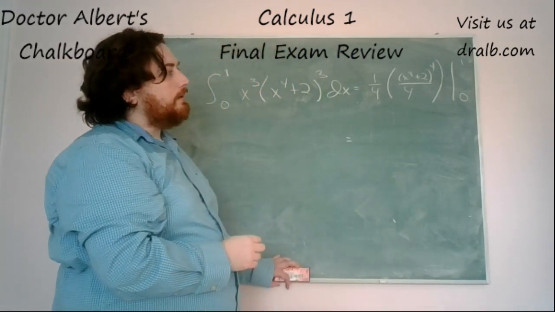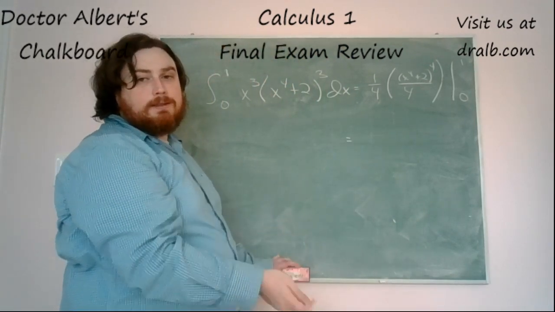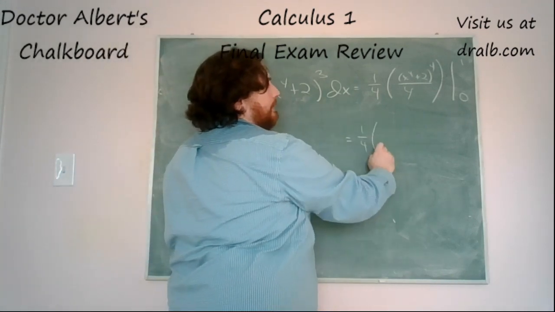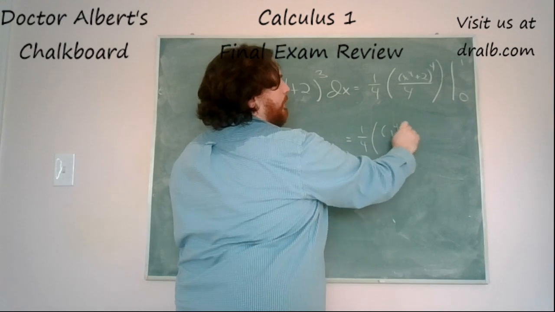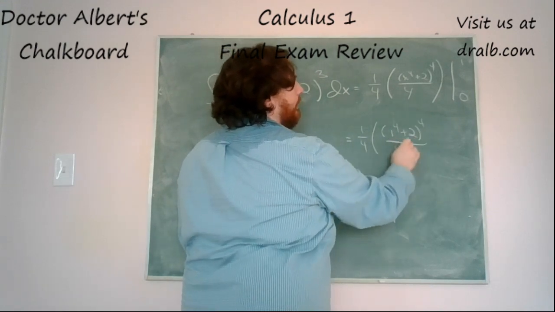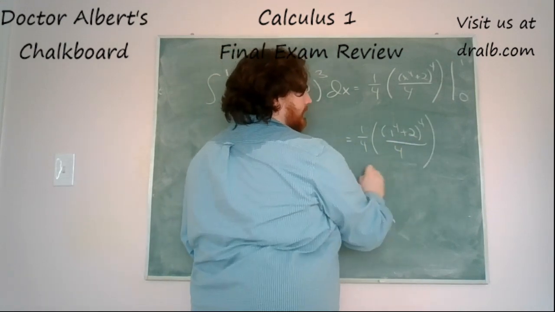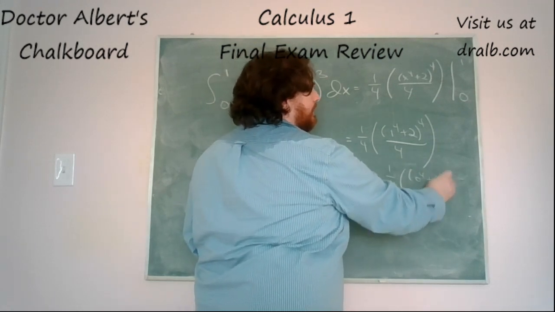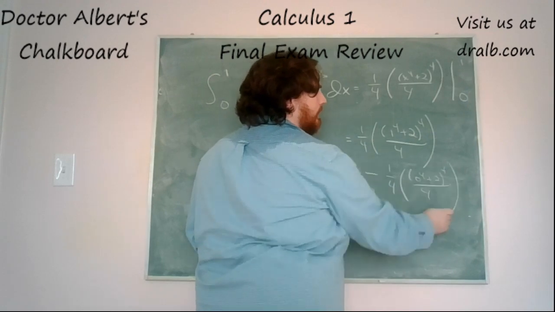And then I'm going to evaluate from 0 to 1. So what does that mean? Well, that means plug in 1 and then subtract off plugging in 0. So I get 1/4 times 1 to the 4th plus 2 to the 4th over 4, minus 1/4 times 0 to the 4th plus 2 to the 4th over 4.